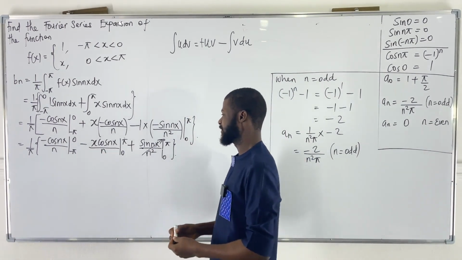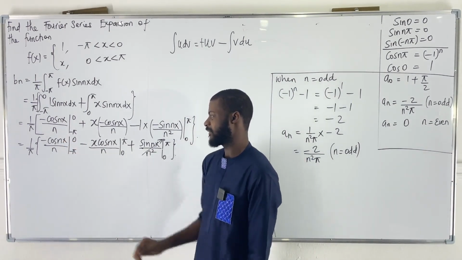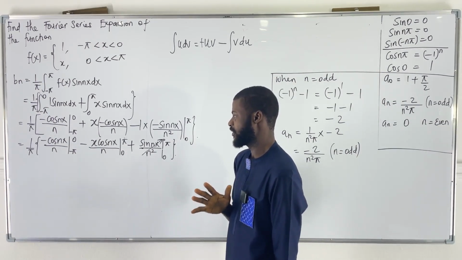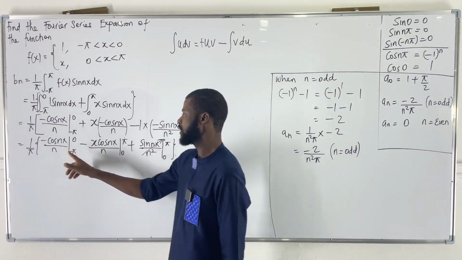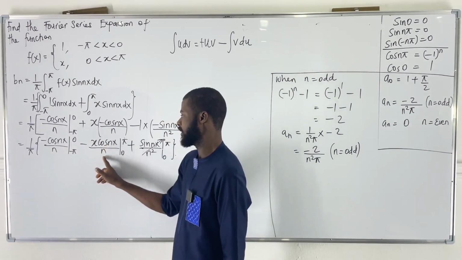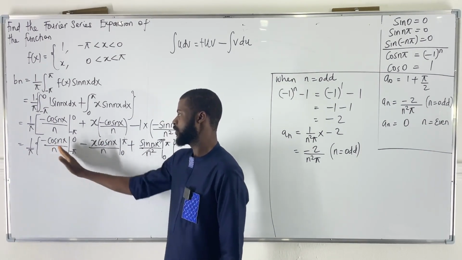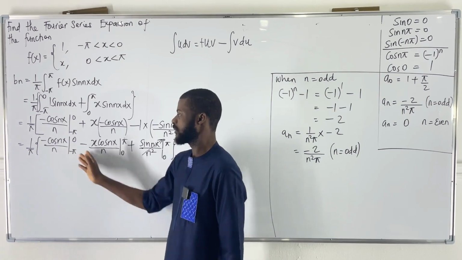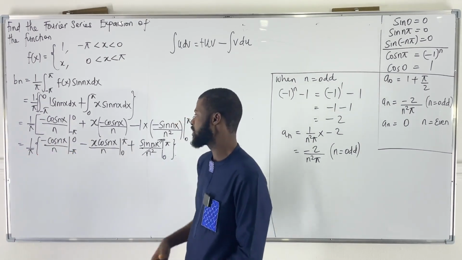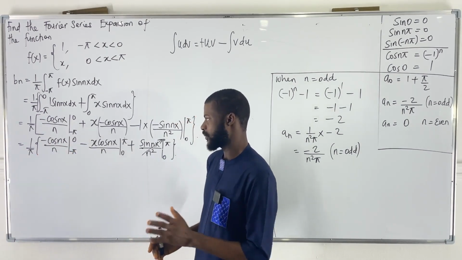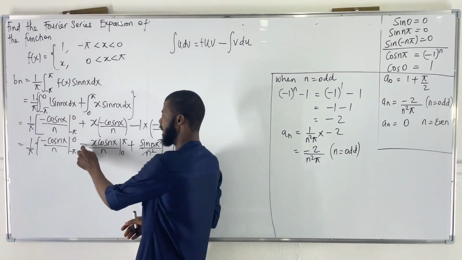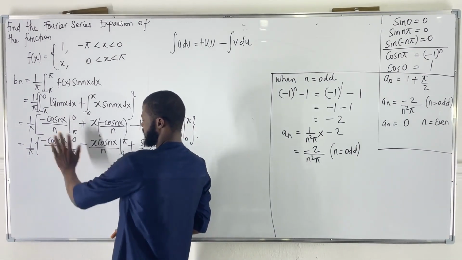For us to get started, since these are the two guys that we have, you first have to know that the over pi is common between these two things, so you can factor it out and bring it outside. Also, minus is here, minus is here, so I can still bring out the minus.